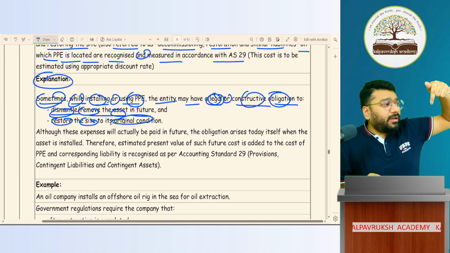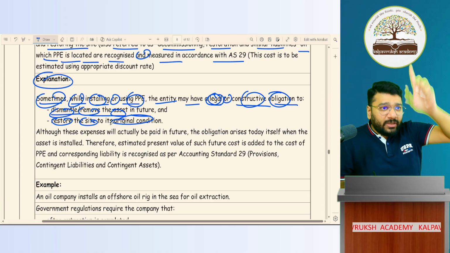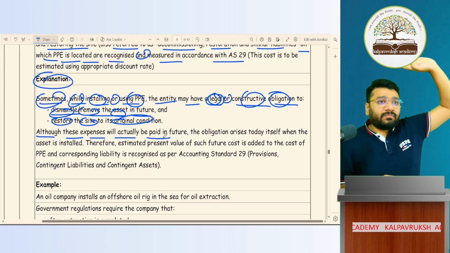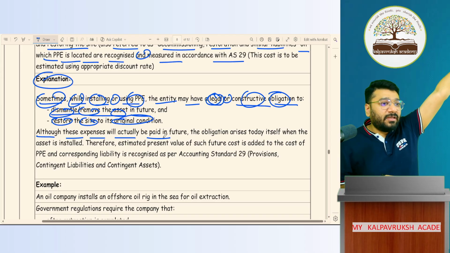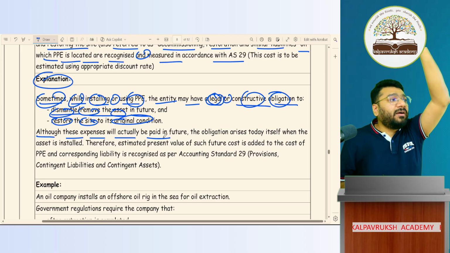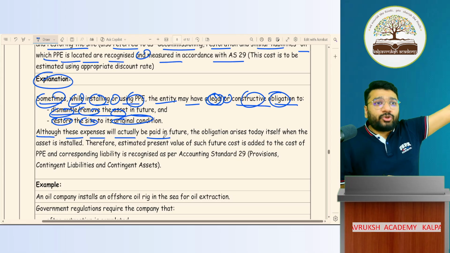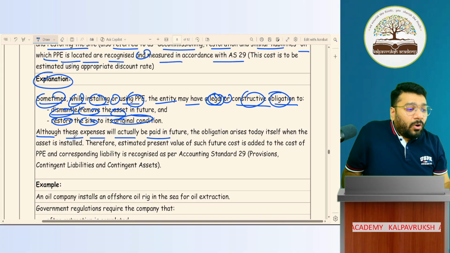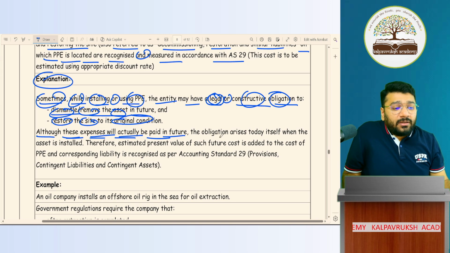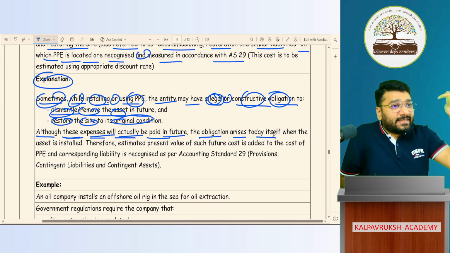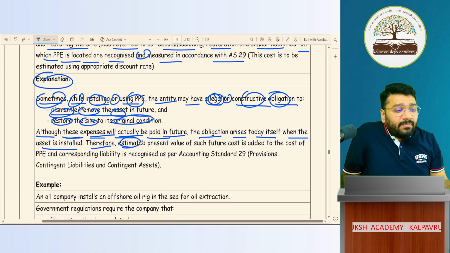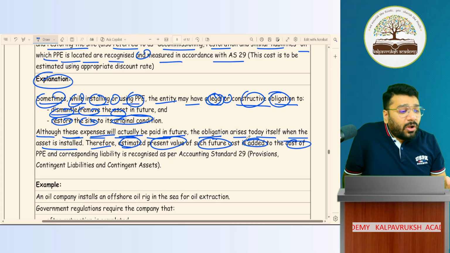If there is such a condition and it is decided that you will spend on this in future, although these expenses will actually be paid in future, you'll pay this money only after 10 years when the decommissioning is happening, when the removal is happening, when the restoration is happening, then only I'll pay the cash. Even so, although these expenses are actually paid in future, the obligation arises today itself when the asset is installed. Therefore, the estimated present value of such future cost is determined and added to the cost of PPE.